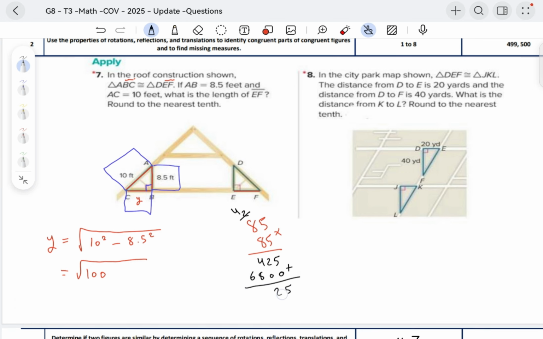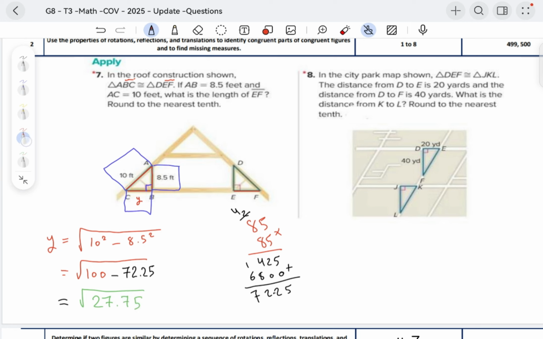Let's add: 5, 2, 7. Put the decimal point back again, 72.25. Okay, let's subtract 100 minus 72.25, which is 27.75, the square root of 27.75.